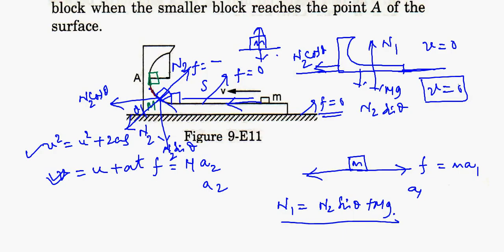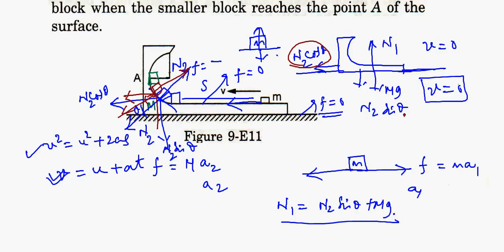As the block moves upwards, the normal force goes on changing. This angle goes on changing. So, in this case, this net external force in the horizontal direction goes on changing. So we can't solve the problem taking the blocks separately.